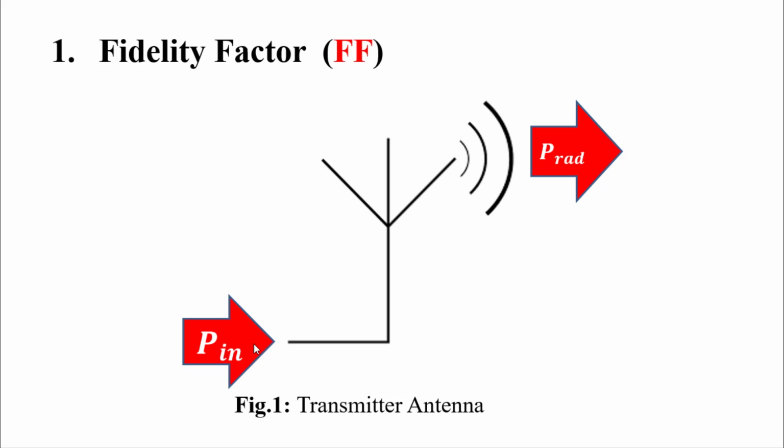In a reception antenna, we cannot talk about P radiated; we have P receive. So fidelity factor we use just for a transmitter antenna, comparing P input and P radiated by our antenna.